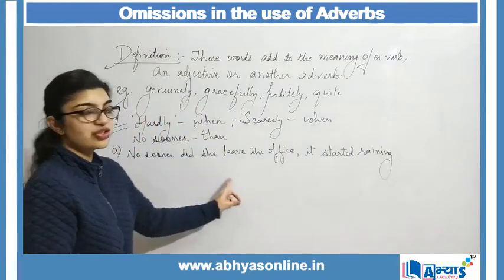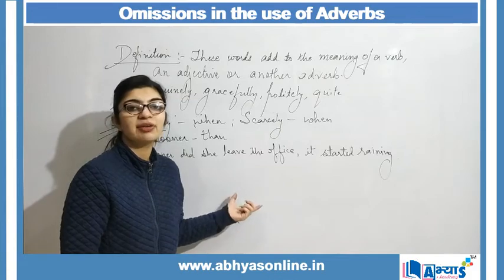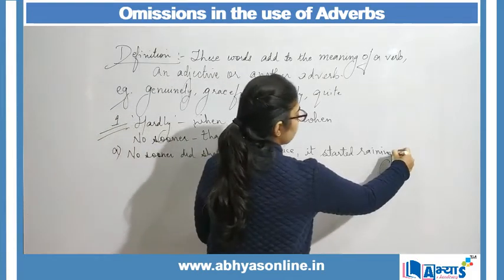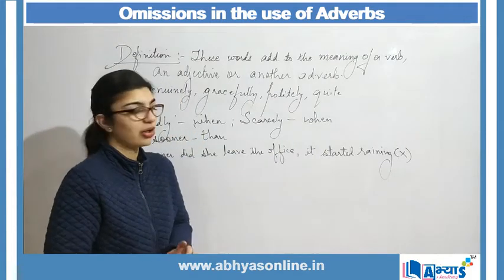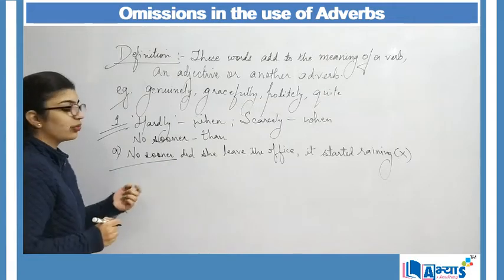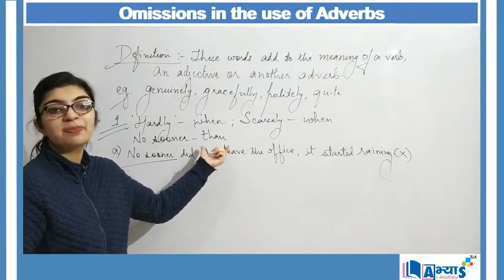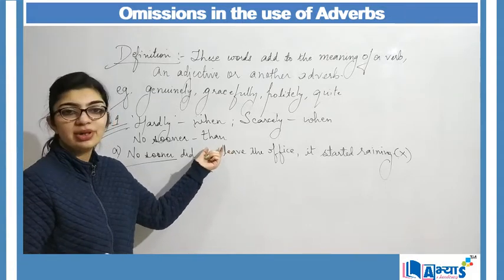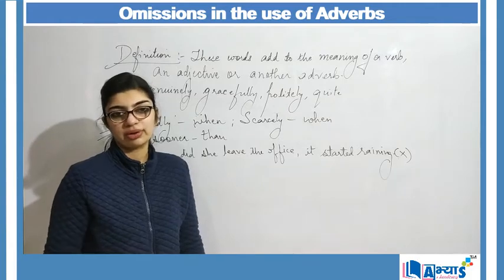Here my sentence sounds correct, but my sentence is incorrect. Why is my sentence incorrect grammatically? Because whenever no sooner is used, it will always be used with its pair word. And that pair word is than. Than is not over here, so my sentence is wrong.